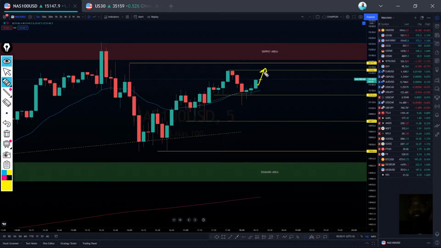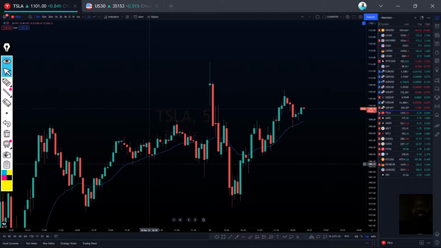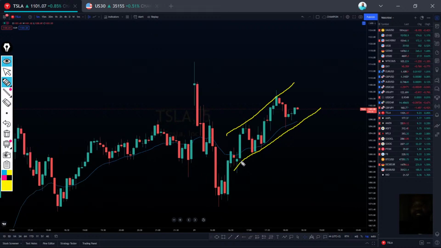Let's take a look at what might be happening here from the companies that form NASDAQ. Let's look at Tesla. You can see that Tesla is moving almost the same as NASDAQ, as it's a big company among those forming NASDAQ. It's giving us this type of structure.